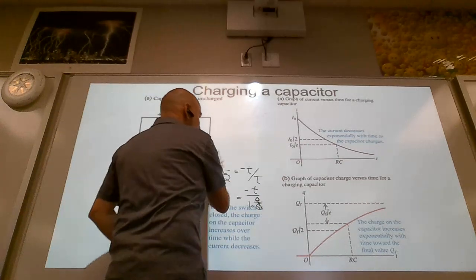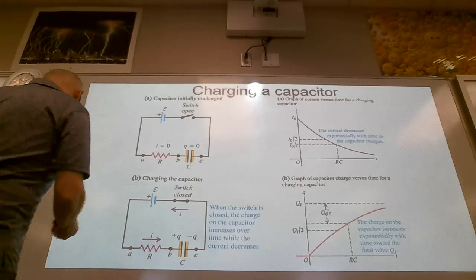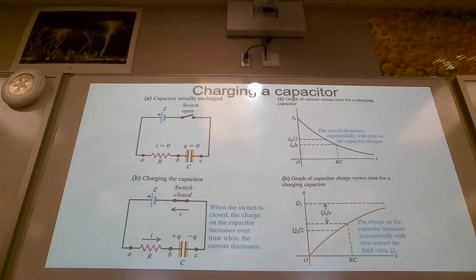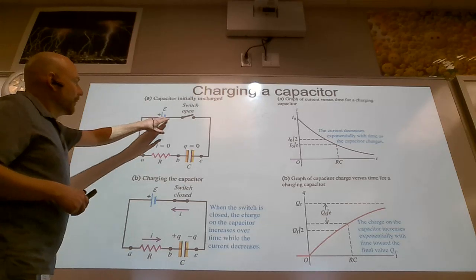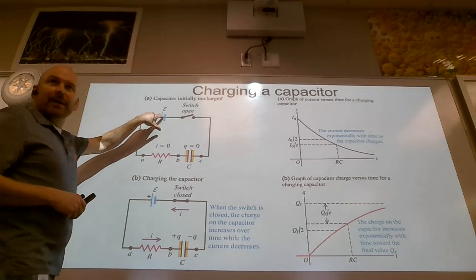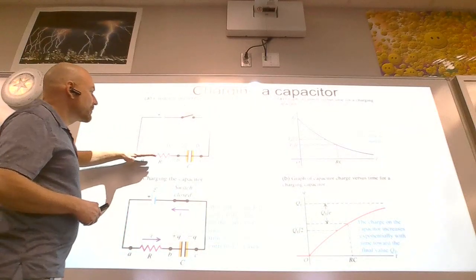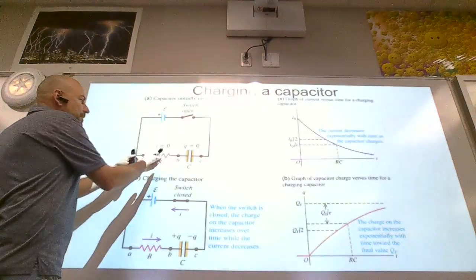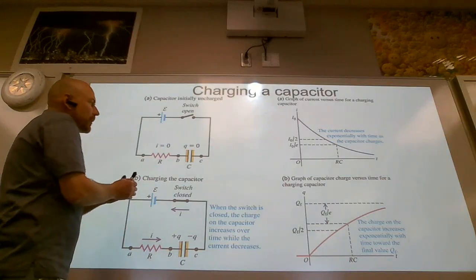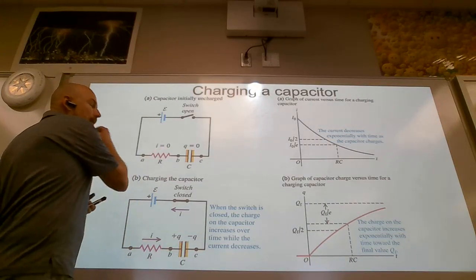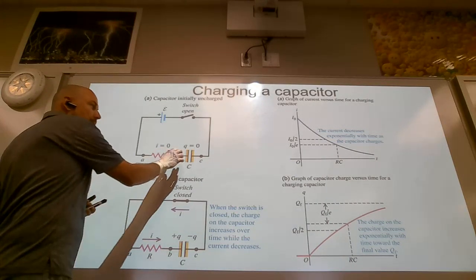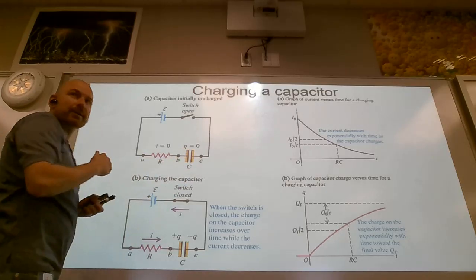All right. Charging the capacitor. So here, this is our voltage. Our battery provides the voltage gain. Initially, there's no current in the resistor, and no charge on the capacitor.